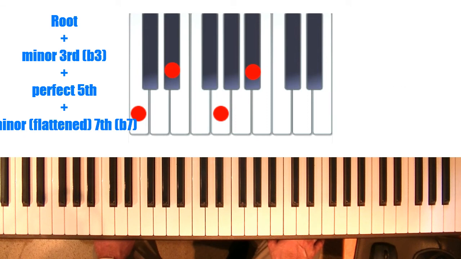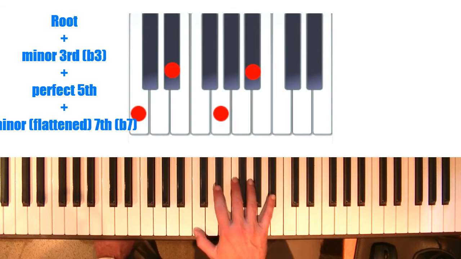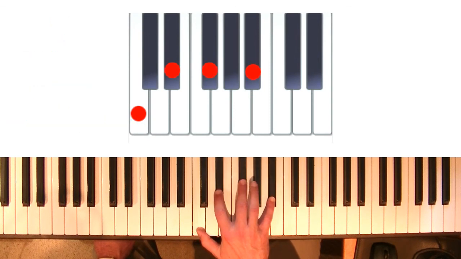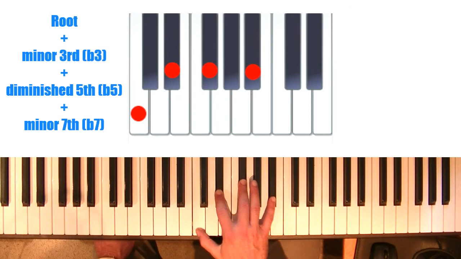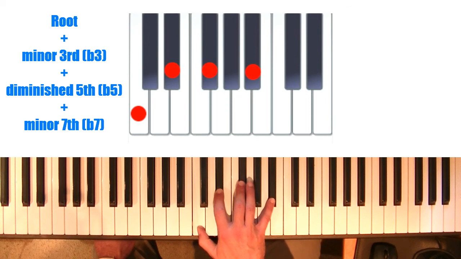Okay, so let's take our minor 7th and now flatten the 5th. So we have a root, minor 3rd, diminished 5th or flat 5, and flattened 7th, minor 7th. And this is the half diminished, also called the minor 7 flat 5 for obvious reasons. The minor 7th, flattened 5, which is a good way to find that chord if you're unsure.